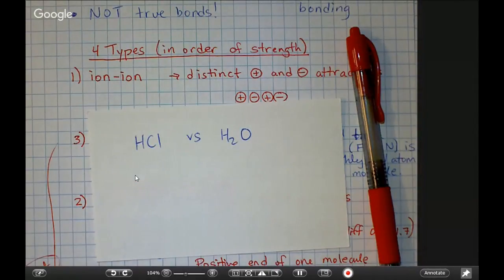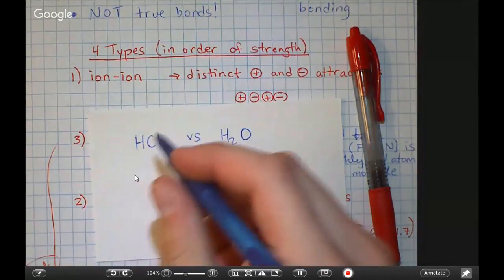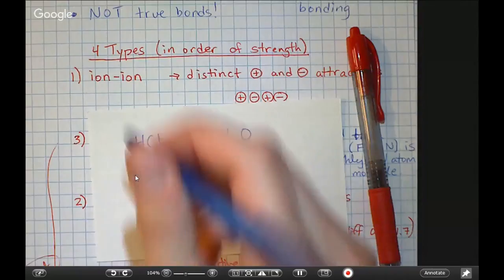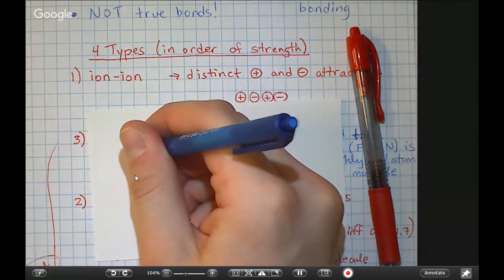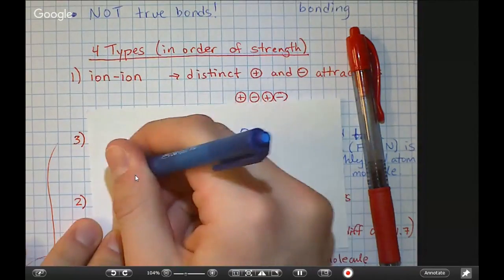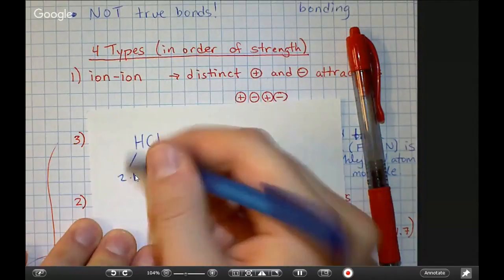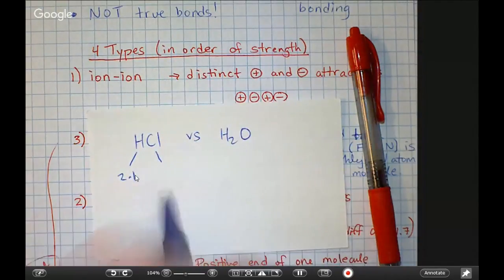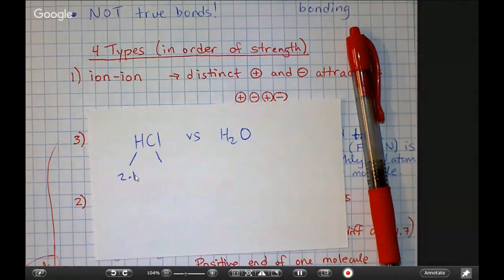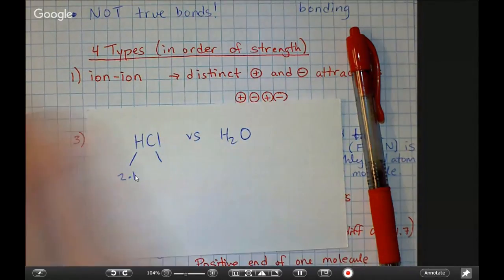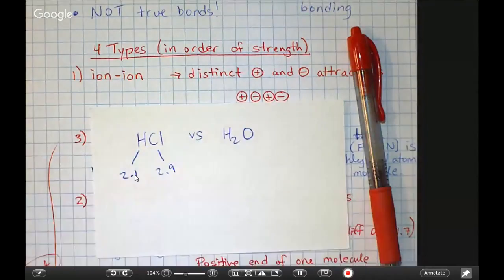So HCl, based on what we've said so far, what's the electronegativity of H? Try 2.1. What's chlorine? I think it's 2.9.